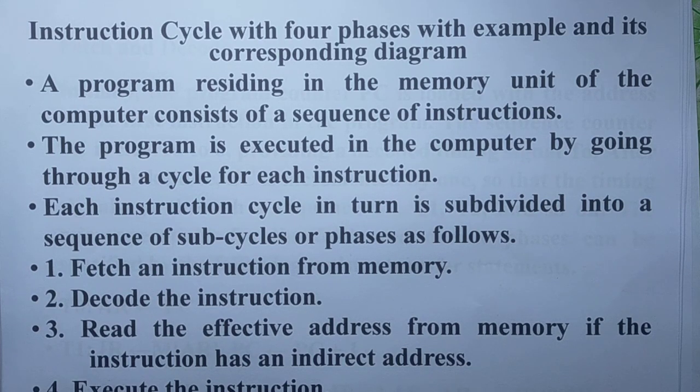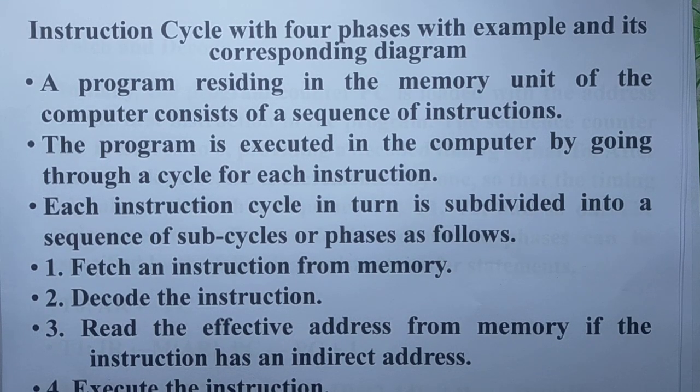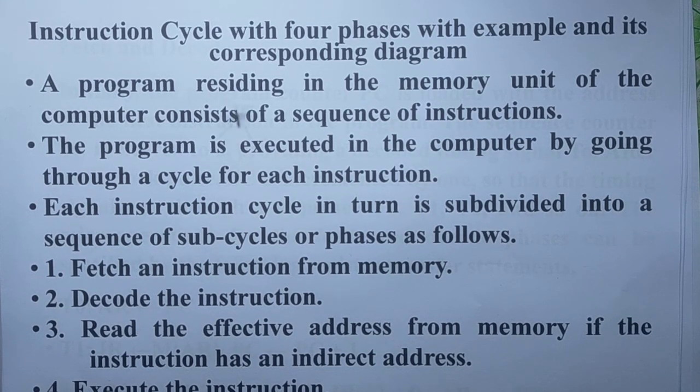After that, read the effective address from memory if the instruction has an indirect address. Some instructions have an operand which is accessed directly or indirectly, so an address can be direct or indirect.